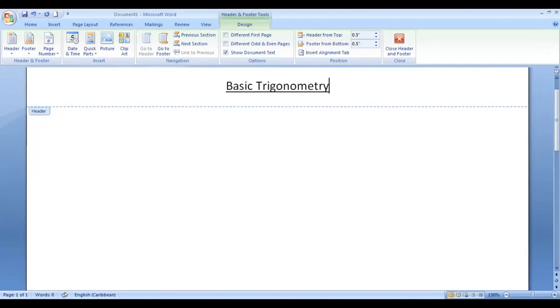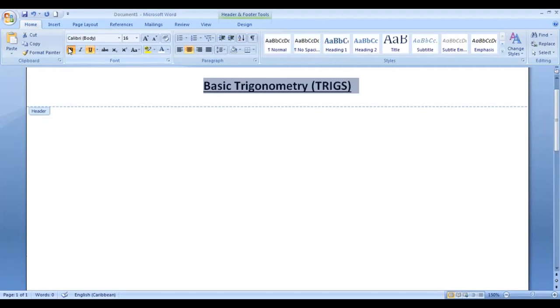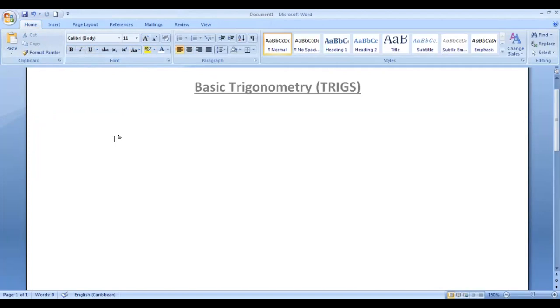Some people just call it trigs, but the word is too long. All right, now trigonometry. What is trigonometry? It's a study of triangles, the geometry of triangles, basically. If you look at the word trigonometry, you can get those things out.